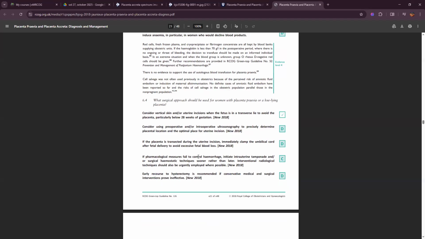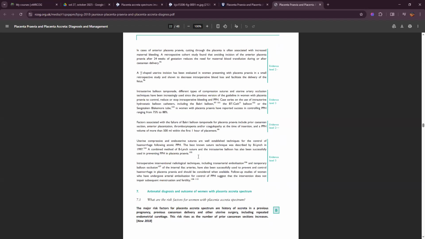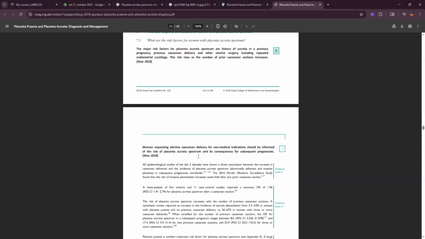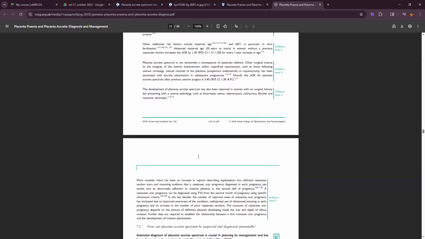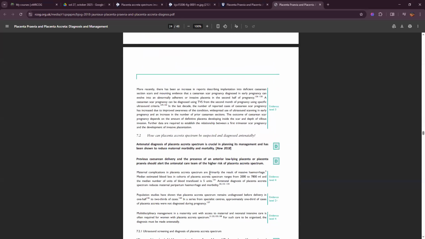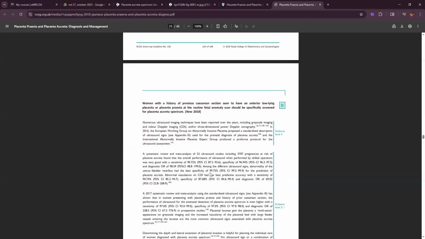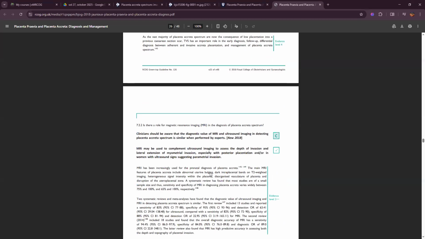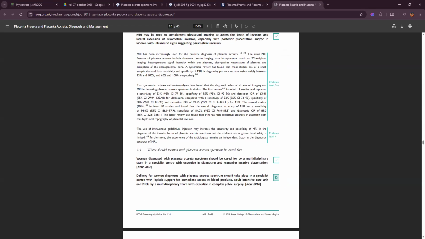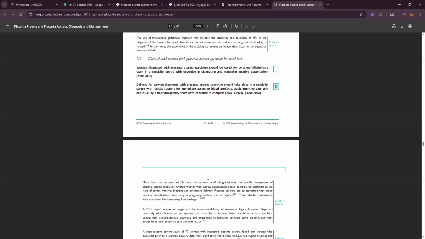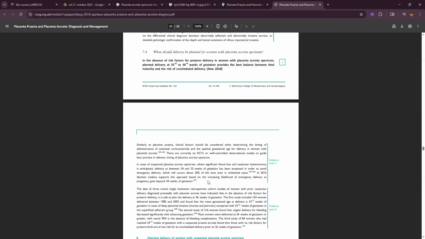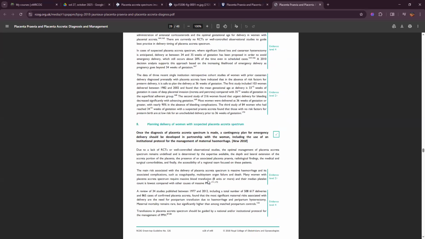So what would I do in such a position? If I don't know what to do, what should I do? I hope I opened up, I delivered the baby, and then I discovered that while doing placental delivery, it's not coming out. So this is a surprise, right?